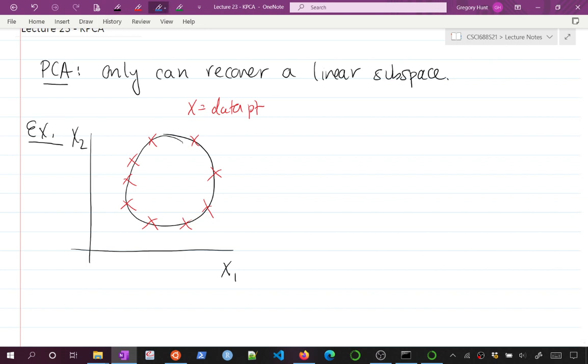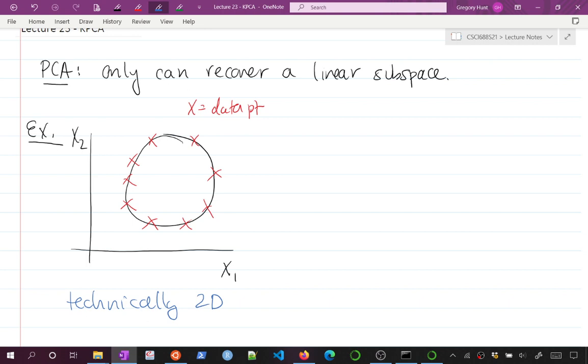Now, technically, this data is two-dimensional. I technically need an x and y coordinate to fully describe this data. So if I were to try and run PCA on this, we really wouldn't be able to reduce the dimension of this data because it doesn't live in a nice linear subspace.